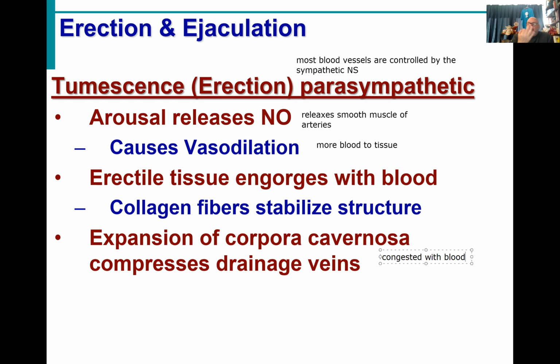The problem is these things aren't one size fit all. And if it is on too restrictively, then even when intercourse ends, it may not drain properly, and it can actually get stuck, and it can become congested, and the tissue can become necrotic. And of course, you have to get rushed to the hospital. And how do they resolve it? Do they get the jaws of life to cut that ring off of the penis?